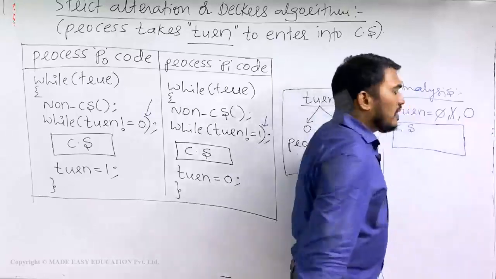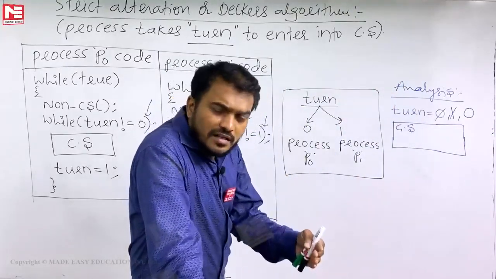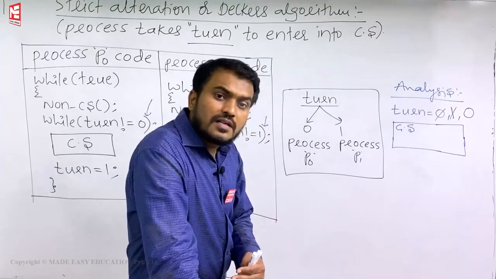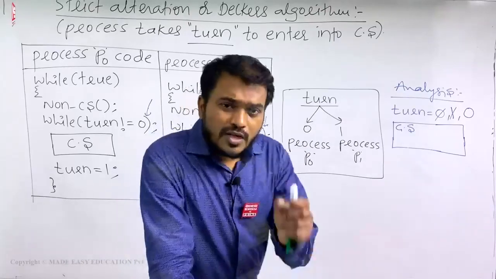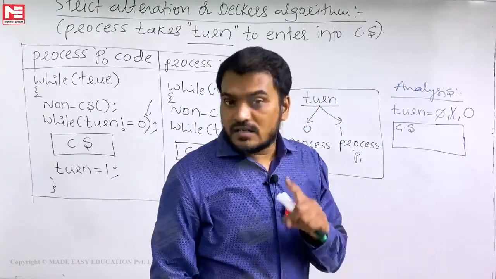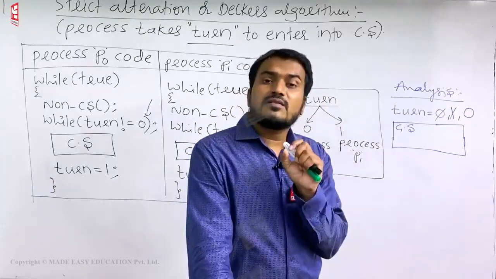Right? So now what did you understand? When P0 is in the critical section, P1 is not allowed, and when P1 is in the critical section, P0 is not allowed. You can try in any possible manner. Only one process will enter into the critical section.